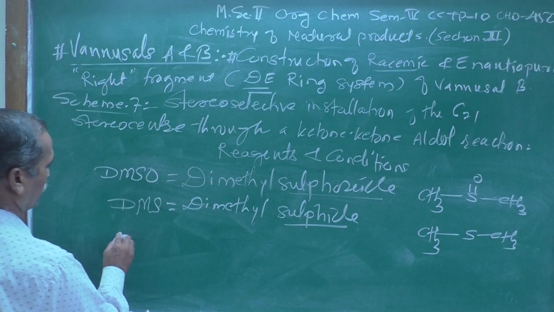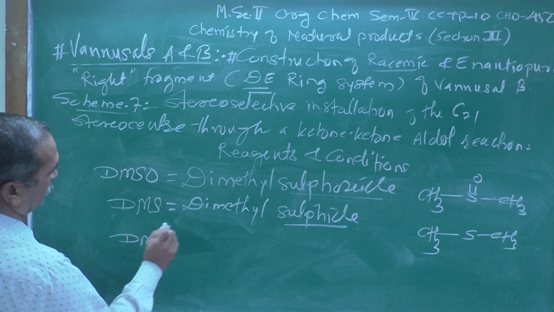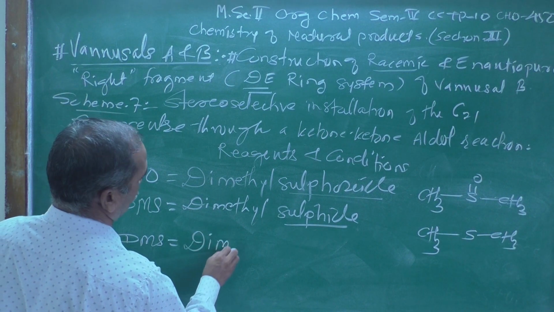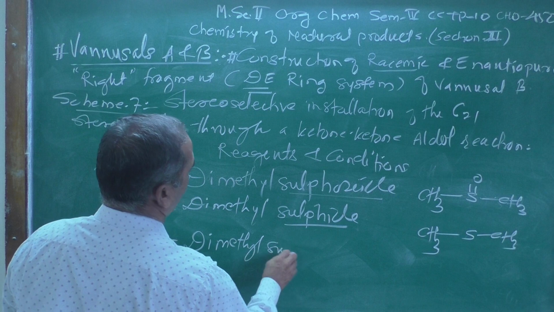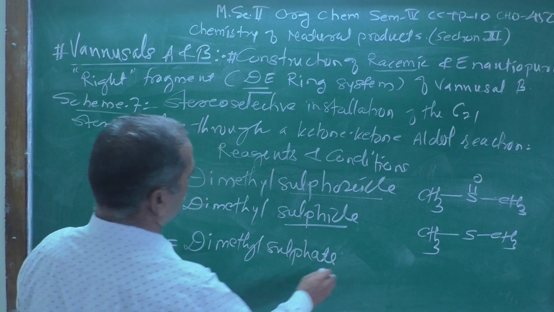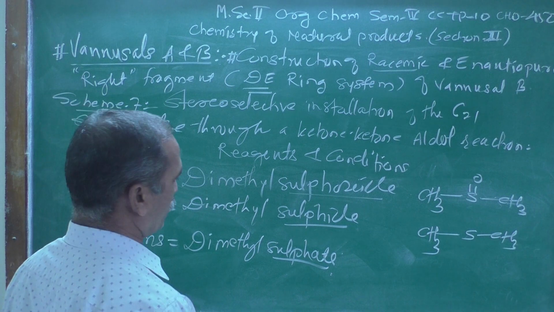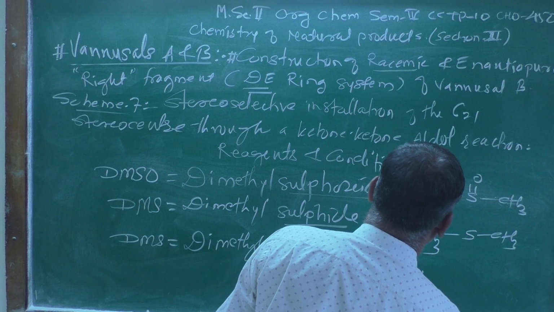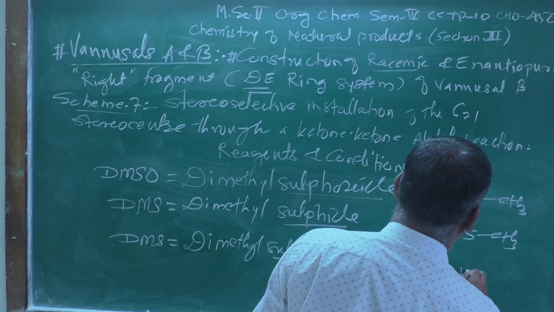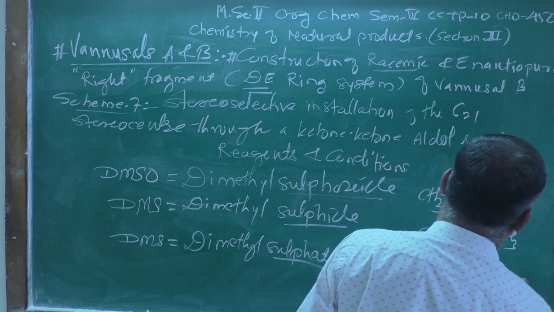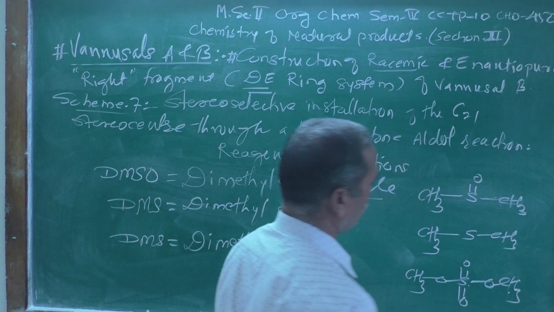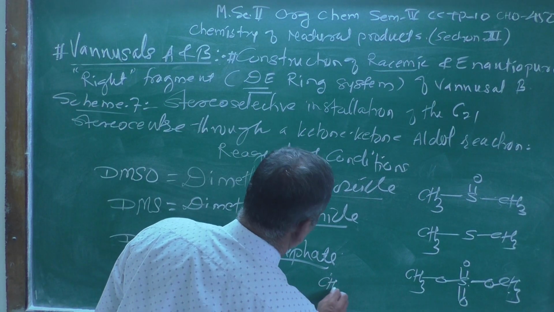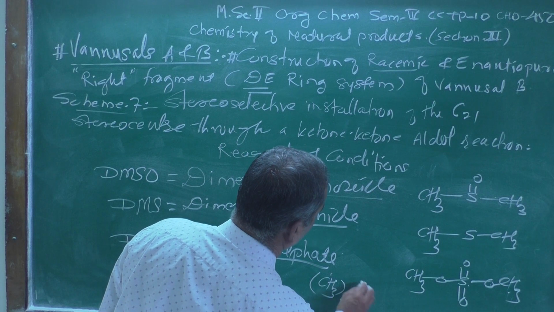Sometimes DMS is also used for another compound, that is dimethyl sulfate. Now, look here, sulfate, sulfoxide. Dimethyl sulfate means like this, with double bond O, O and CH3. Sometimes it is written as (CH3)2SO4.